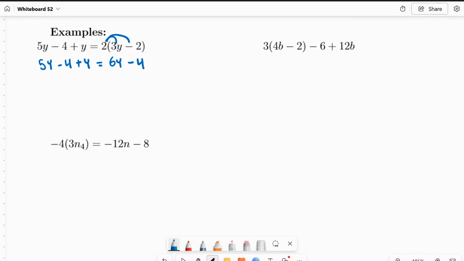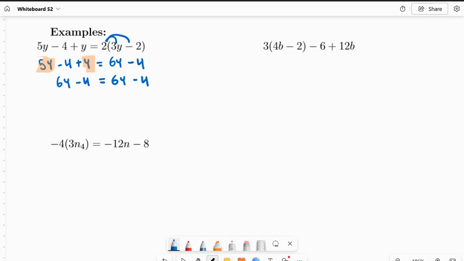From here, I'm going to combine my like terms since I have y multiple times on the left side. 5y plus y is going to give me 6y minus 4 equals 6y minus 4.